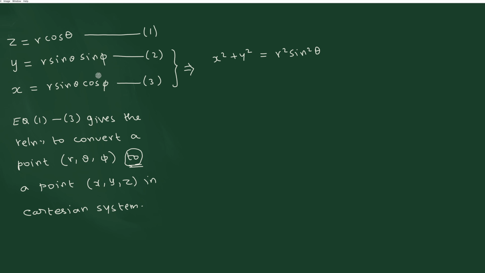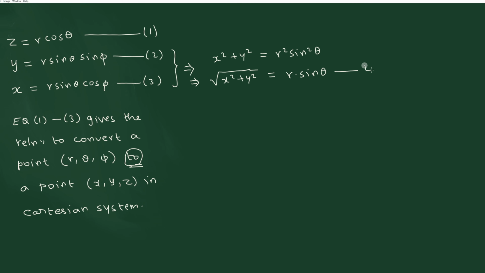Now these two things will become 1, and that's all. So if you square equations 2 and 3 and add, you will get this. And that gives you that square root of x square plus y square equals r times sin theta.